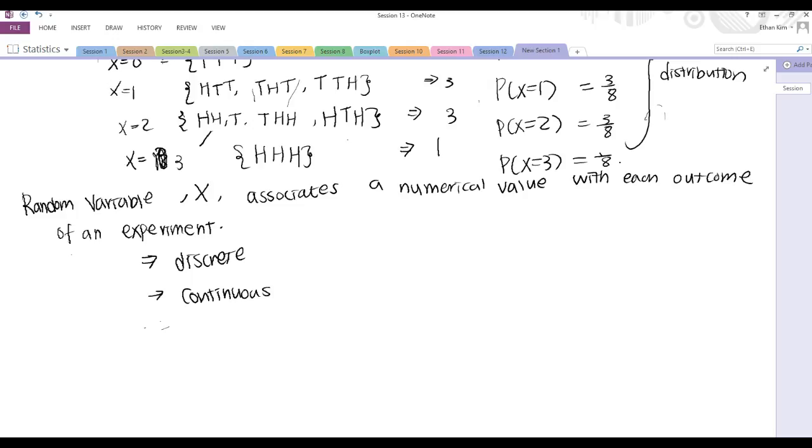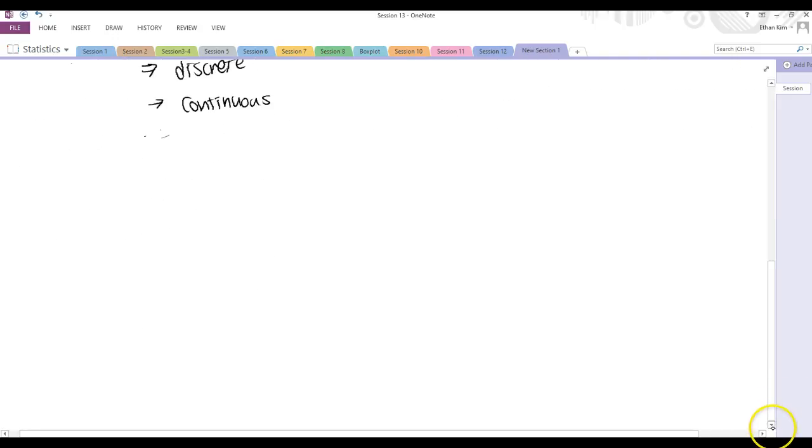So we talked about probability. Before we go on to that, I do want to mention some properties of the probability distribution function. This is for the discrete case.